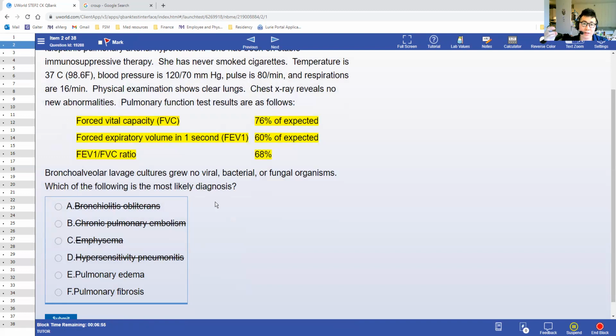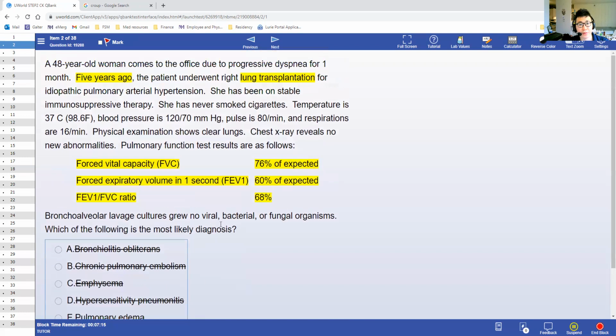Fibrosis would lead to decreased FVC and FEV1, and the FEV1 over FVC ratio would be around like 70-80%. Oh boy, this is kind of hard to say. Damn, these questions are harder than I remembered.